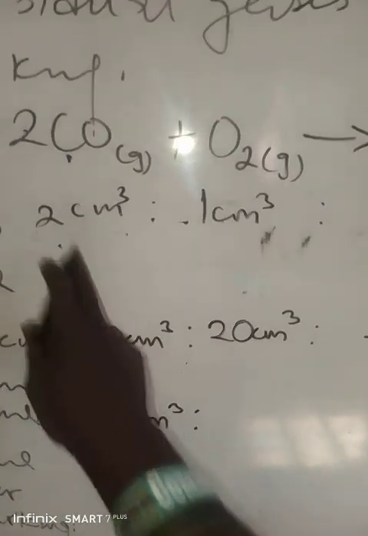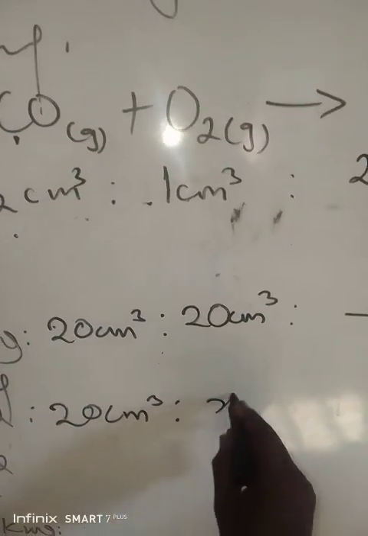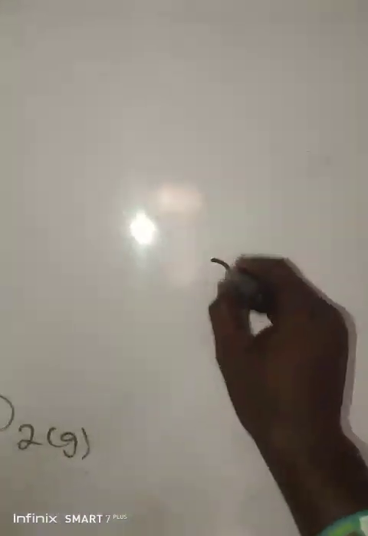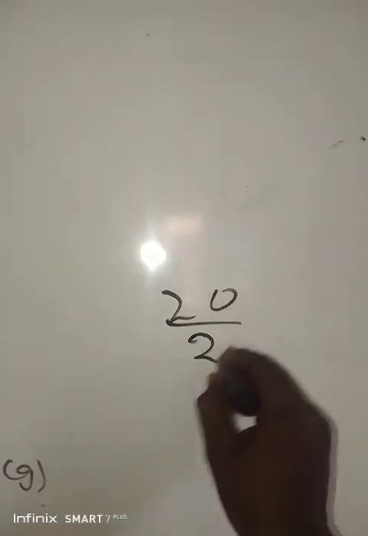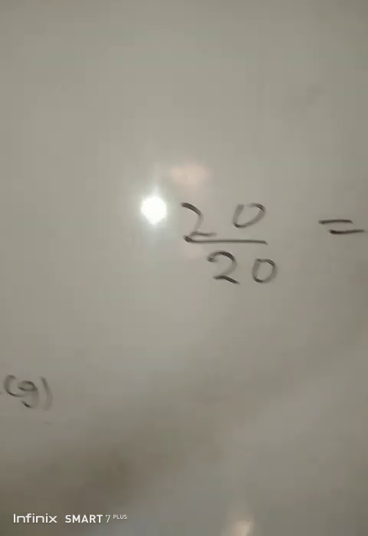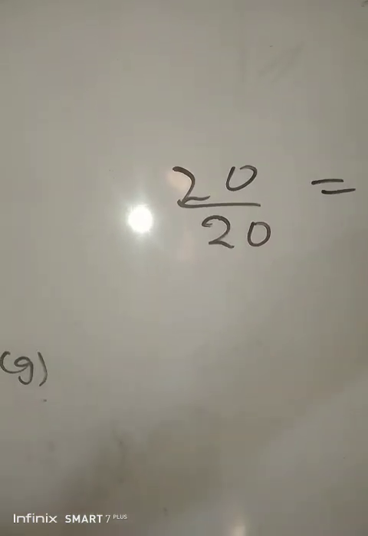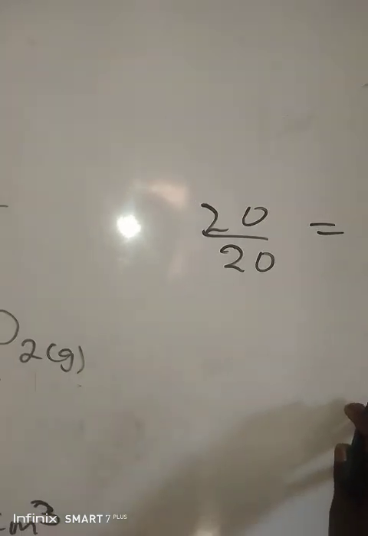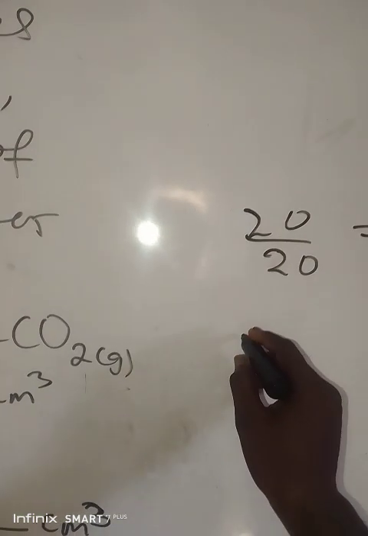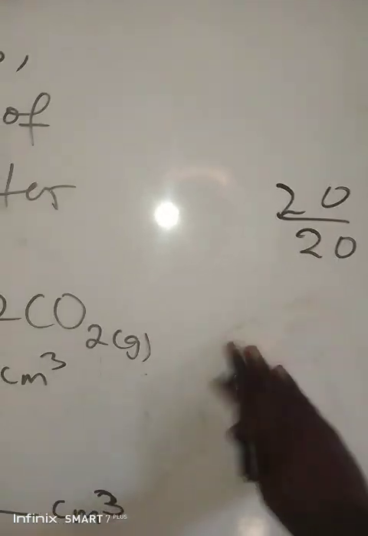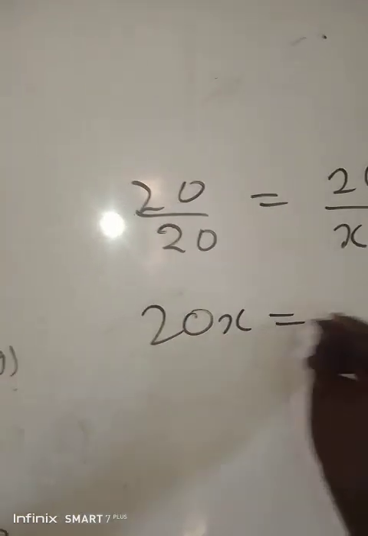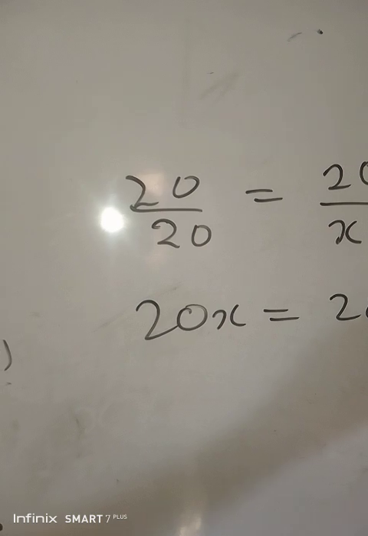So for reacting volume, you are free to spend your own 20 cm³. Then, to conform with this, what will be here? Just come back here. You have 20 over 20 equal to 20 over x. Cross multiply: 20x equals 20 times 20.